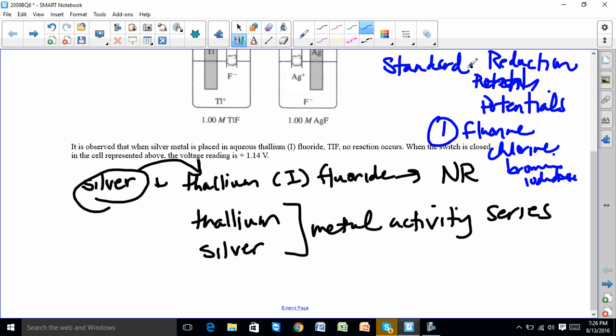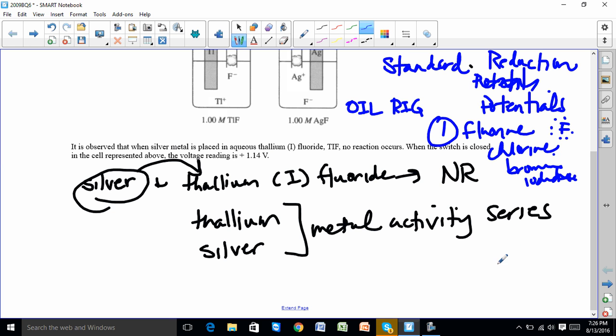Why? Because with reduction potentials, oil rig, oxidation is loss, reduction is gain. Of course fluorine, which has 7 valence electrons, really wants to be reduced, get an electron, because then it will have an octet.